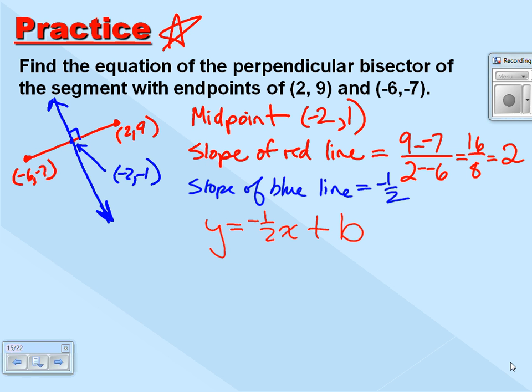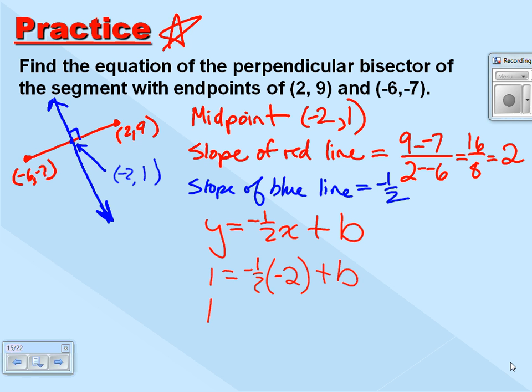So what I'm going to do with -2, 1, it's supposed to be 1. What I'm going to do is plug that into my y equals -1/2 x plus b to figure out what b is. So y is 1, -1/2 times x, which is -2, plus b.